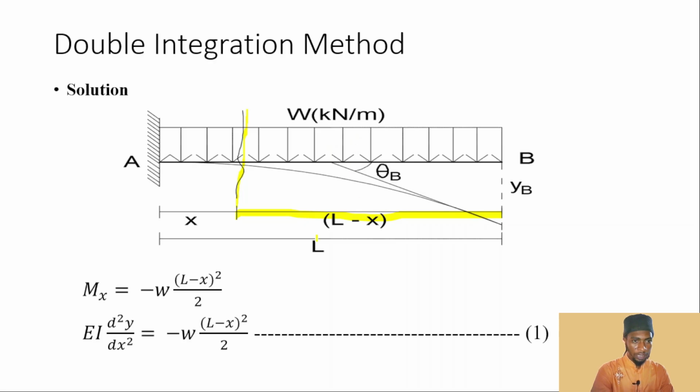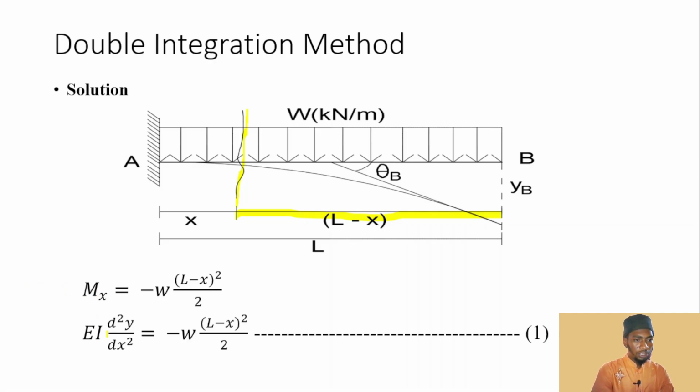If the span is L minus X, then half of it is L minus X over 2. Multiplying the perpendicular distance and the point load, W times L minus X times L minus X over 2, you get minus W times L minus X squared all over 2. That is why we have this as our Mx.